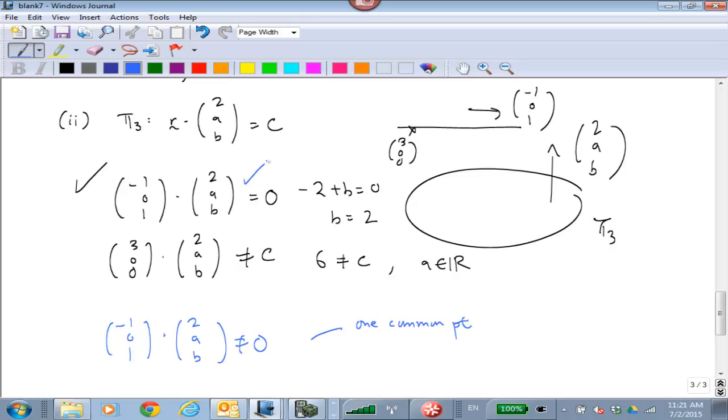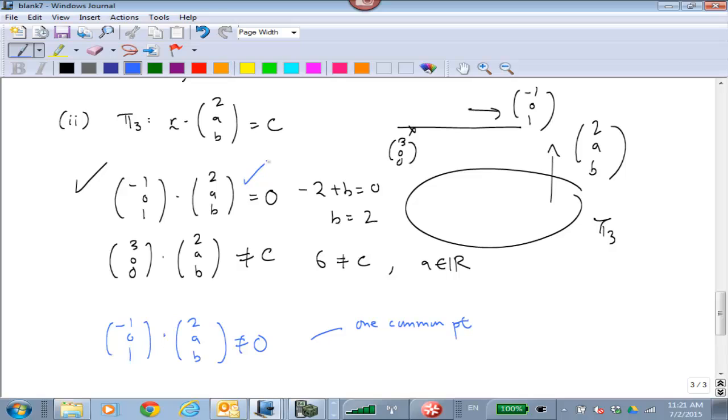Because for one common point, do you agree that having one common point among three planes is basically the same as saying the intersecting line between two touches the third once? And because that is the only thing you want, that the line touches the plane once, the only thing you need to make sure is that they are not parallel.